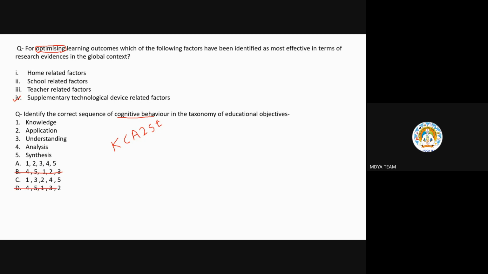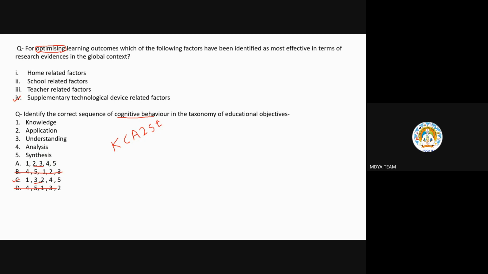And 4 is here also, analysis. First is knowledge. This is the thing that you have to arrange, 2, 3 or 3, 2. Understanding and then application, 3, 2. The correct option is C.